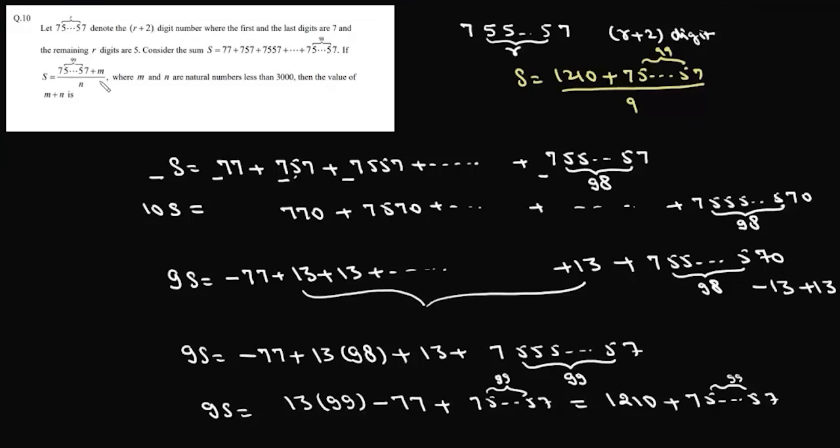Now we have put it in this form. Now this is your m and that's your n. We need to find the value of m plus n. So value of m plus n is 1210 plus 9. So there will be 1219, and that is the answer to this question.